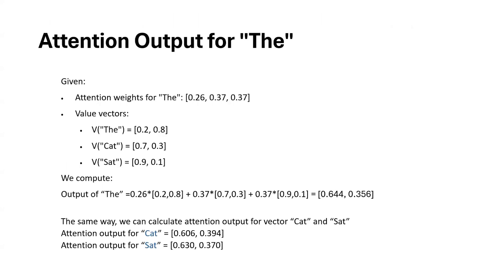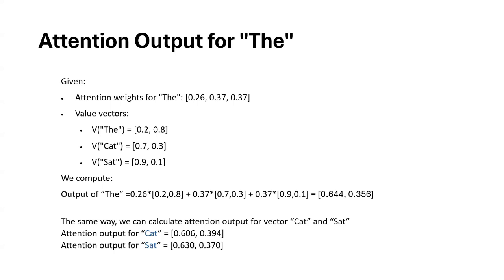Something like this: if you have attention weights for the 0.26, 0.37, 0.37, and the value vectors, this one for the, this one for cat, this one for sat, 0.91, 0.1, right? You multiply these weights with the vectors and you get a value. So this is the way we calculate the attention output, right?